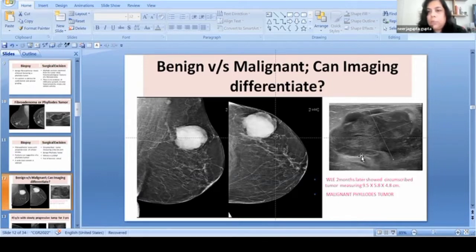And this tumor at the time we saw in mammography was about 5 centimeters. And by the time she underwent an excision 2 months later, the tumor had grown to almost 10 centimeters, and the final diagnosis was indeed malignant phylloides tumor. So the pointer towards malignancy is not the imaging feature, but the rapid growth in this lady.